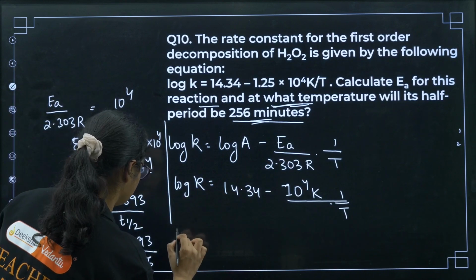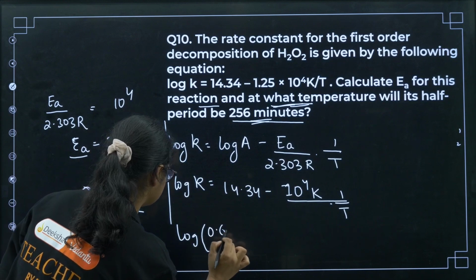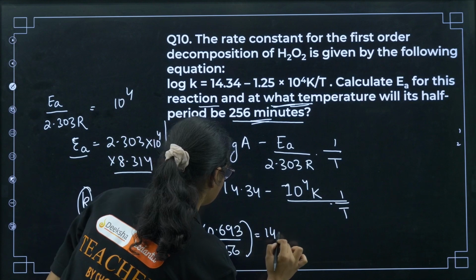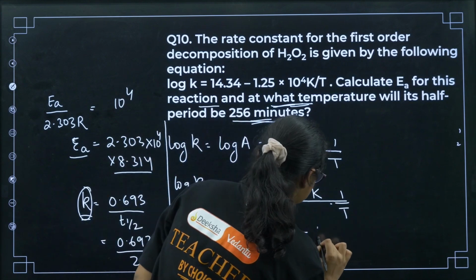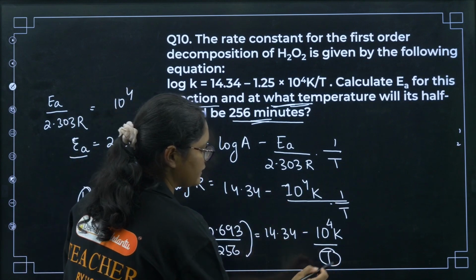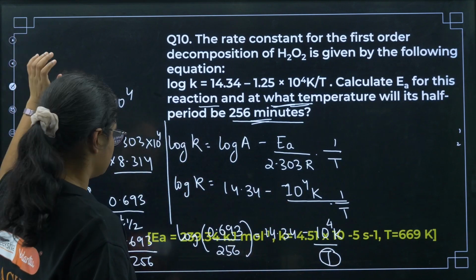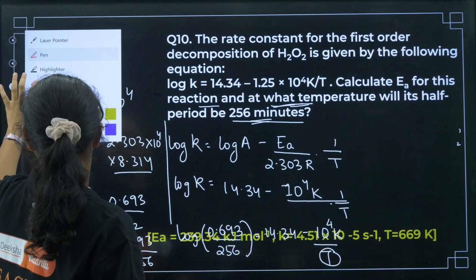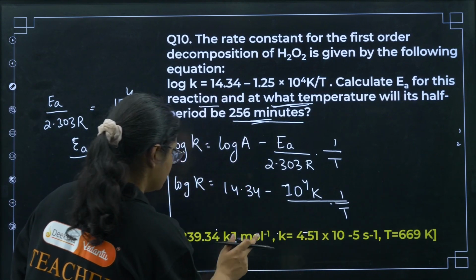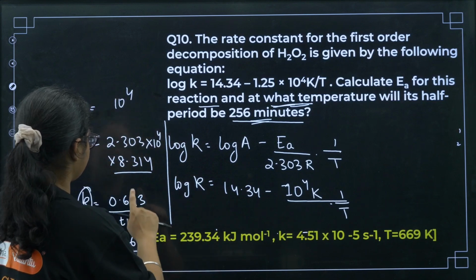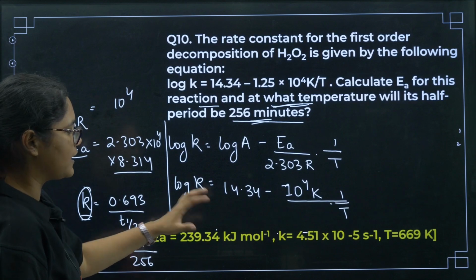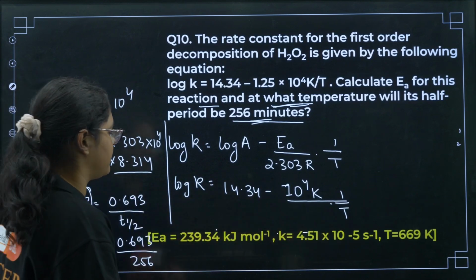So what is log K value? Log K will be log of 0.693 by 256 is equal to 14.34 minus 10 to the power of 4 K by T. Now if we solve this and calculate the T value, we will get the answer. So I think this is overlapping, so let me just erase this part, I will write it separately. You can see here the EA value we got from this equation, the K value we get from here, and after substituting this you will get the temperature value also.